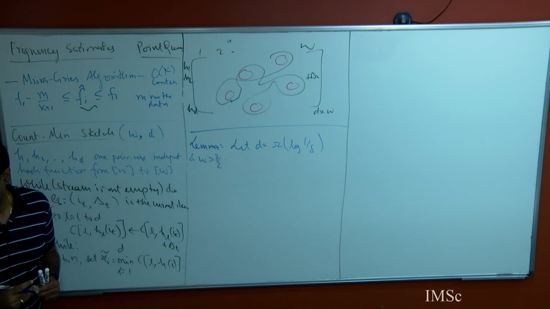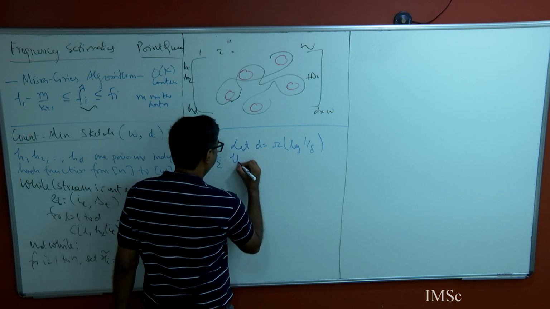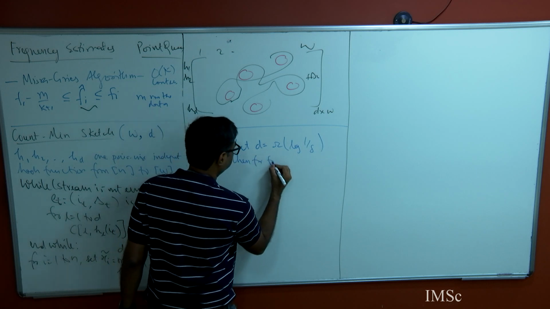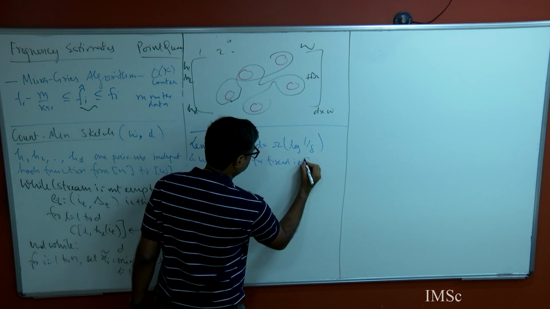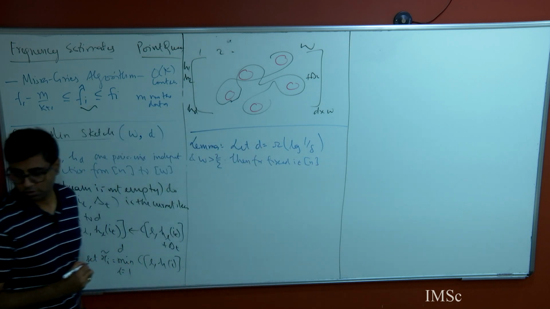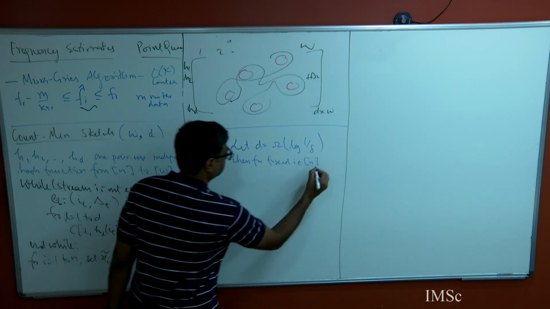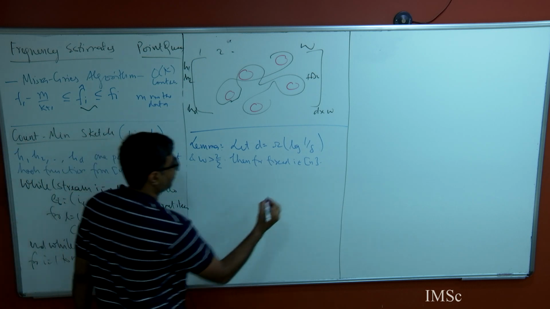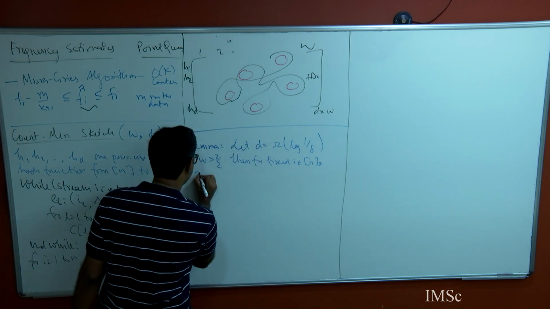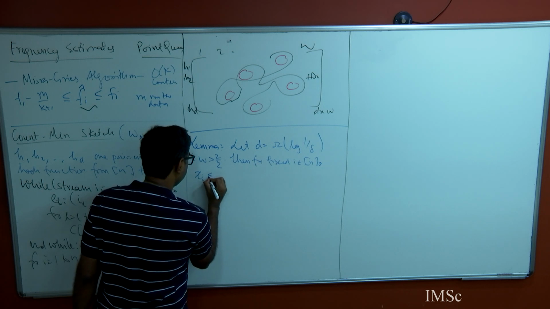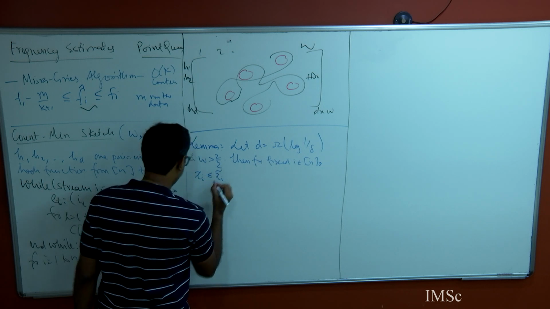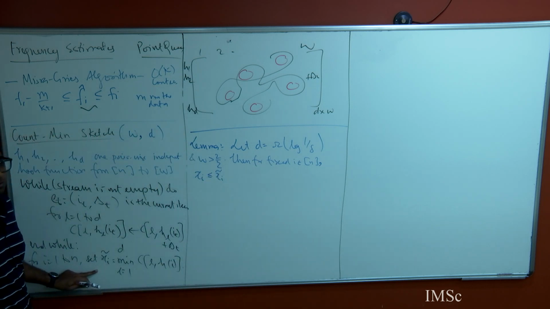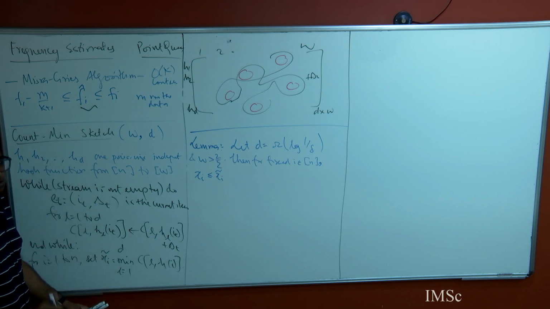Then for fixed i in 1 to n, what can we say first of all? x_i is less than or equal to x_i tilde, because this is always an overestimate, since you might have some error.